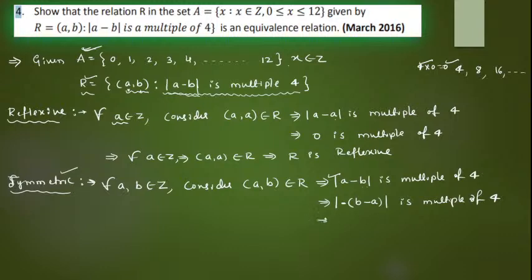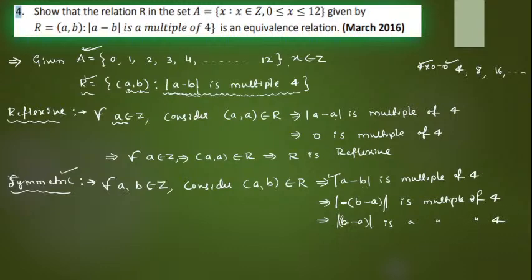Since it is modulus, all the negative values will give positive results. So it implies B minus A, take minus outside because modulus will always be positive. So modulus of B minus A is a multiple of 4.